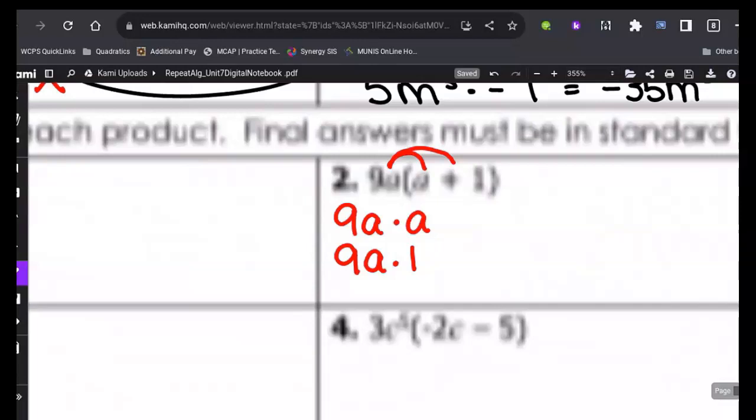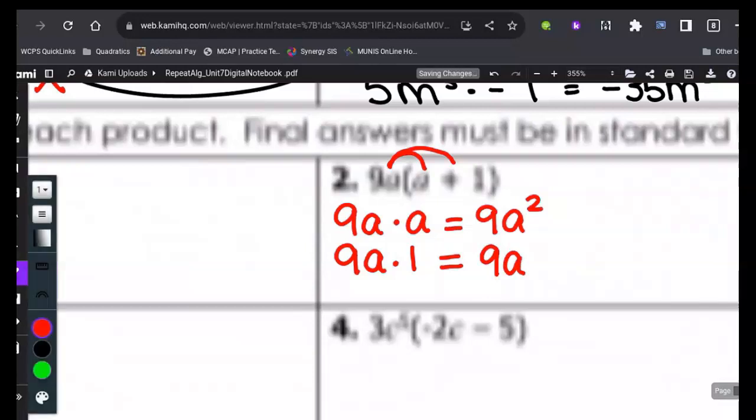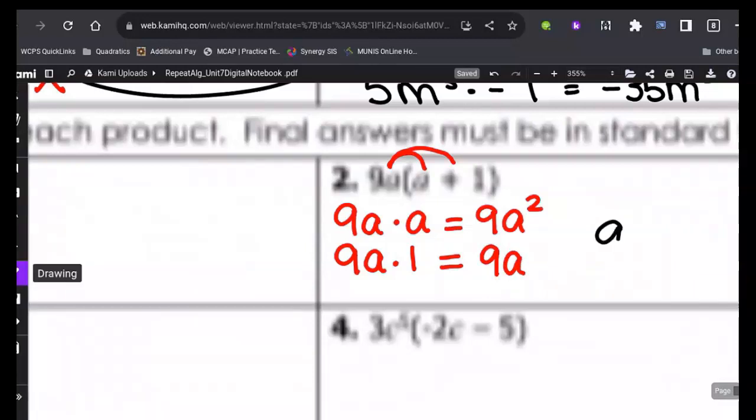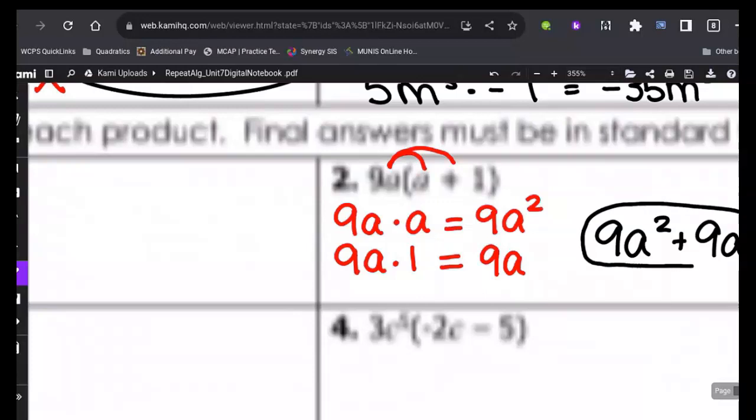So 9a times a, 9 times 1 is 9, and then I have a to the second power since I'm adding the two a's together. And in the second term, 9a times 1, anything times 1 is itself, so that becomes 9a. And then we write our first term, which is 9a to the second power, plus our second term, which is 9a. So the product, the answer is 9a to the second power plus 9a.